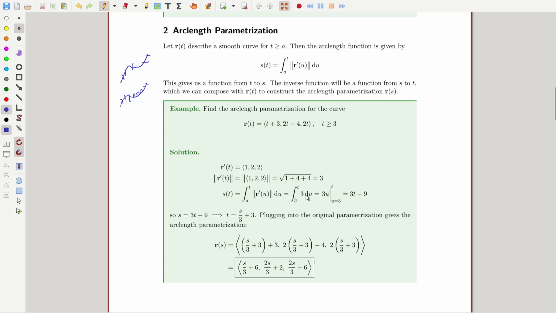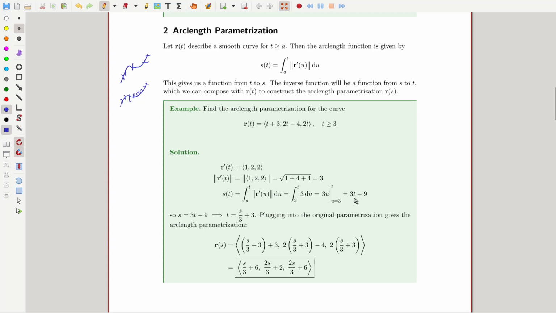So integrating the function 3, we end up with 3u. We evaluate u from 3 to t. That gives us the function 3t minus 9. So that gives us a mapping from time to length. Right? So at time 0, it has length 0.